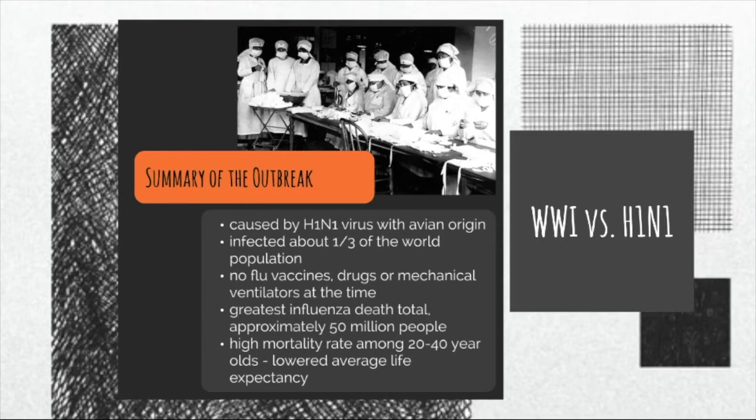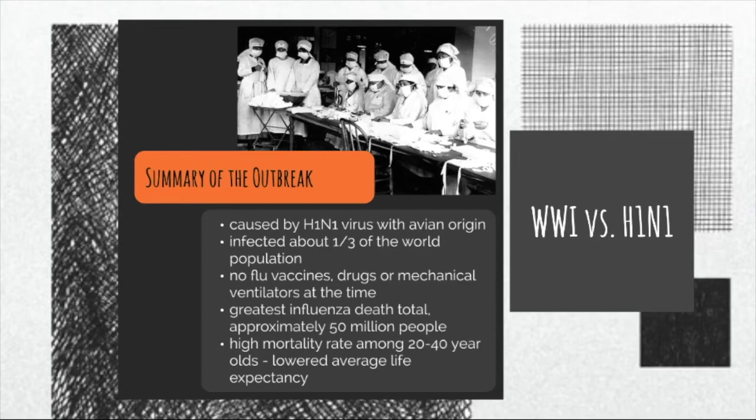In 1918, there were no flu vaccinations to protect against this flu virus. There were no antiviral drugs or antibiotics to combat any infections obtained while infected with the flu virus, and there were no mechanical ventilators like we have access to today.